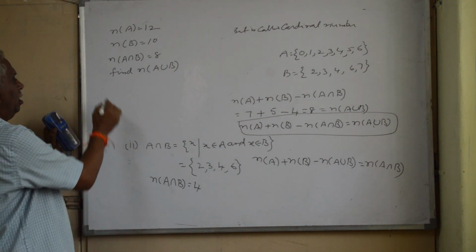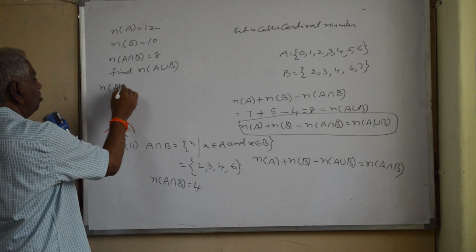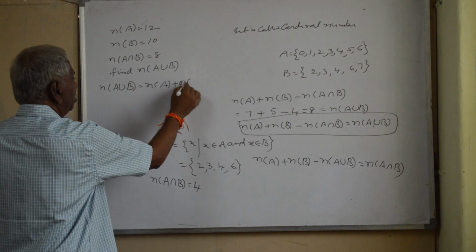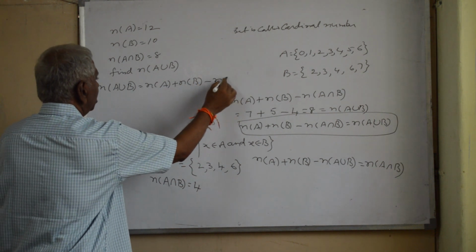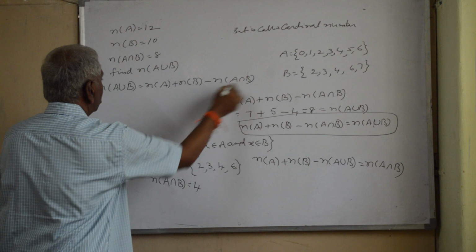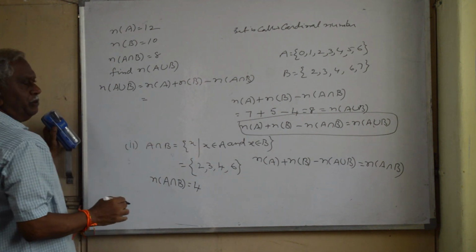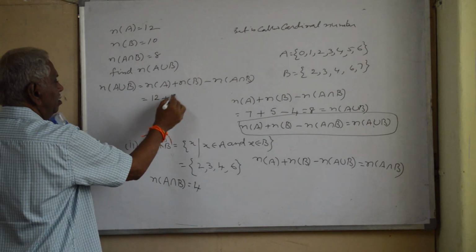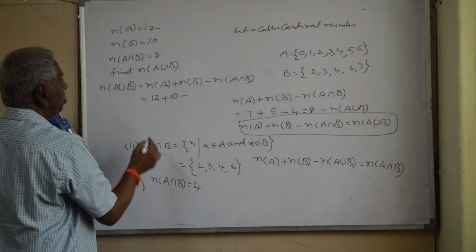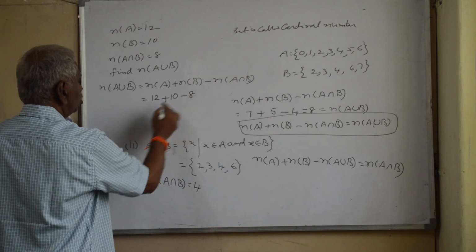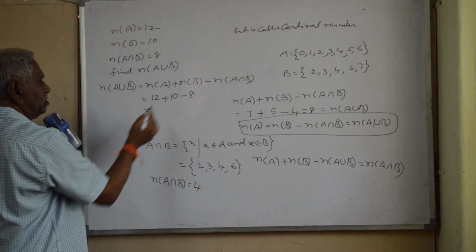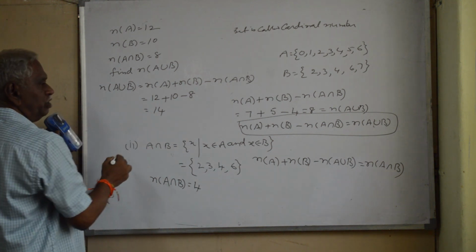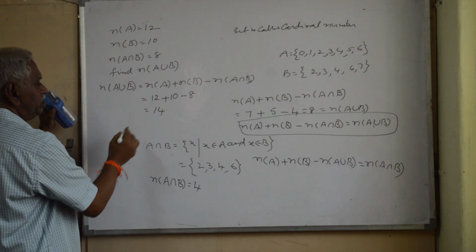By using the formula n of A union B is equal to n of A plus n of B minus n of A intersection B. Number of elements in A is 12, in B is 10, and in A intersection B is 8. So 12 plus 10 is 22, minus 8 is equal to 14. So the number of elements in A union B is equal to 14.